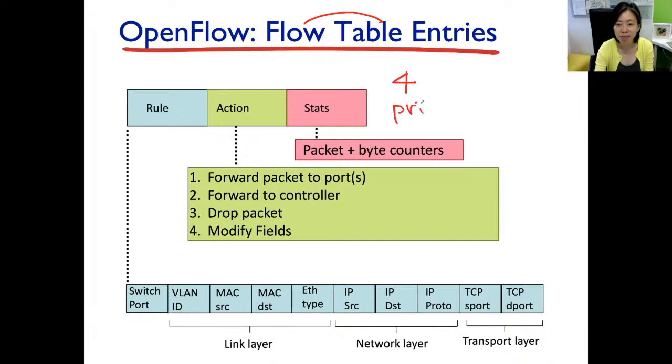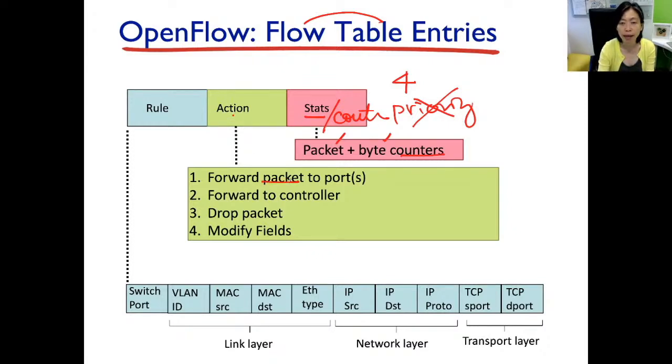There's this column priority, okay, and we just ignore that here as it's not often used in SDN anyway. The stats column is essentially the counter column in the early slide. There are 2 counters we know, one counting bytes and one counting packets. Action column, 4 classes of actions.